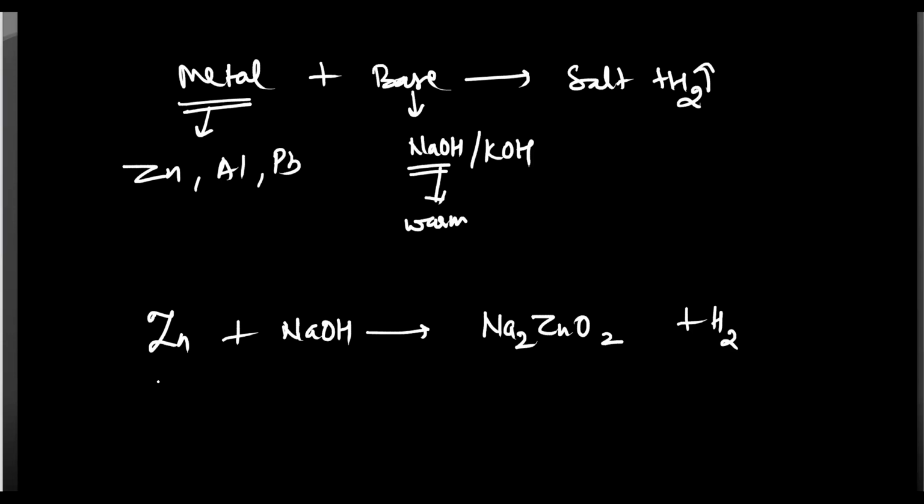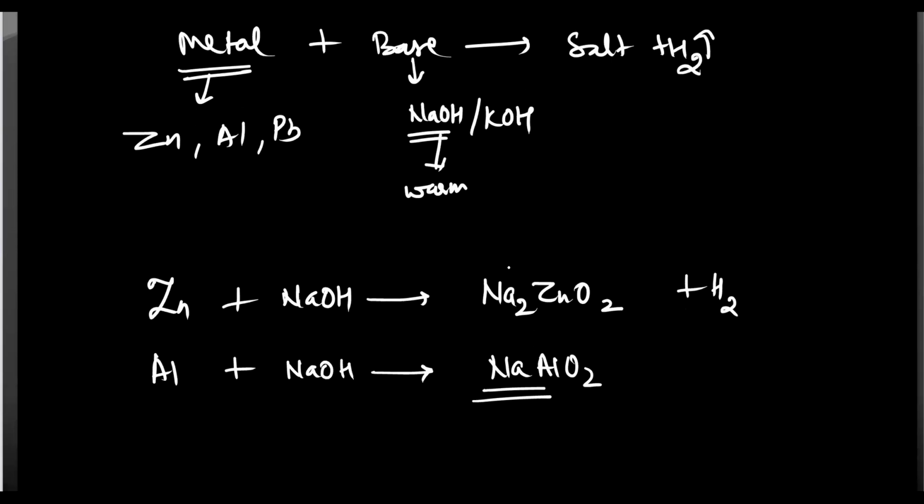Now moving to the next part. If aluminium reacts with NaOH, it forms sodium aluminate. The formula for this one is NaAlO2. Here there is no 2, so please remember that here we have 2, but here we do not have 2, because the valency of AlO2 is -1.